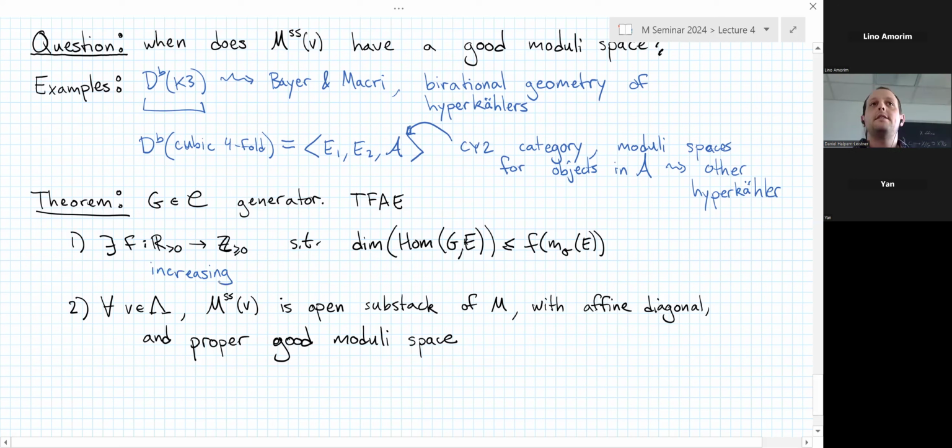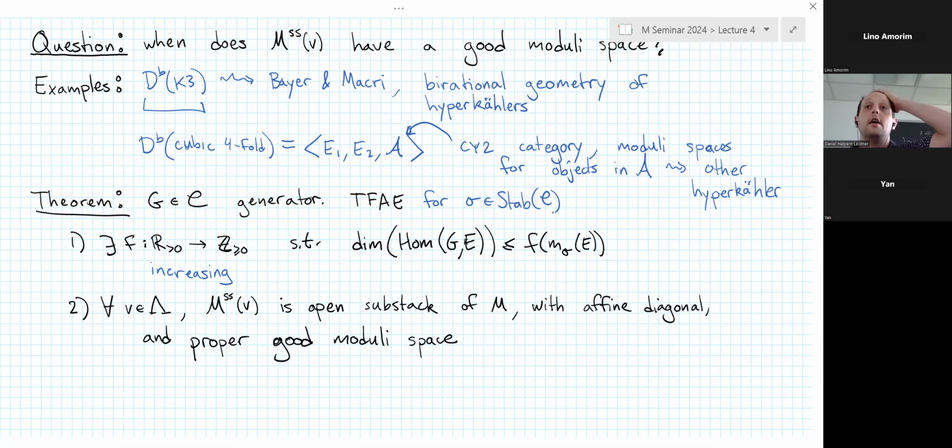Well, that turns out to be the same as this moduli functor that parameterizes semistable objects in the heart. So here, this is for a stability condition. That's equivalent to this moduli functor of objects in the heart being an open substack with affine diagonal and having a proper good moduli space.